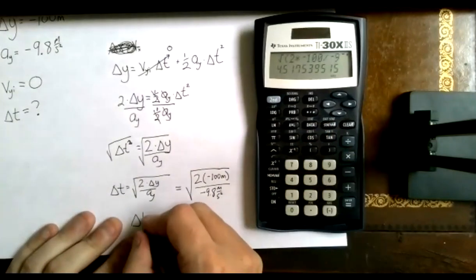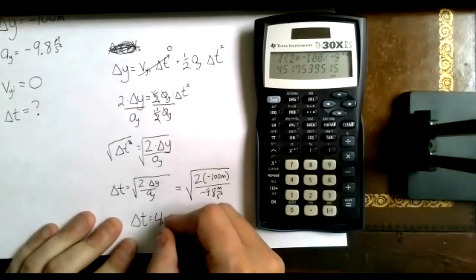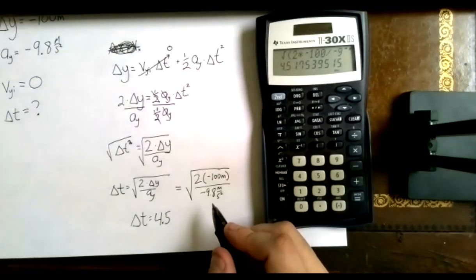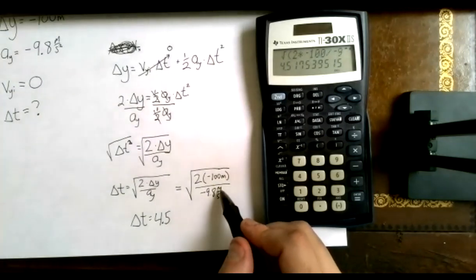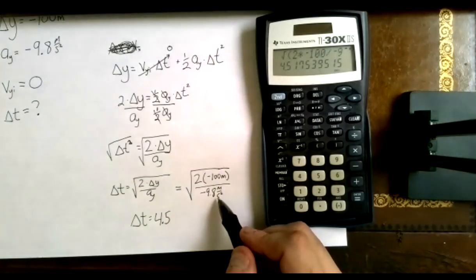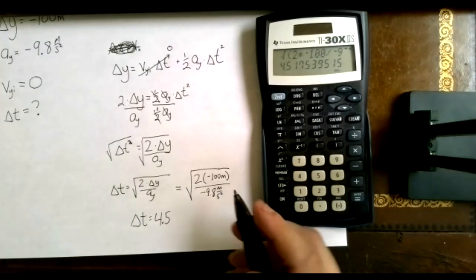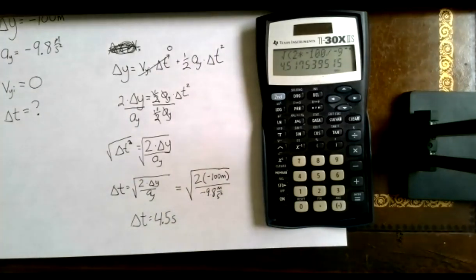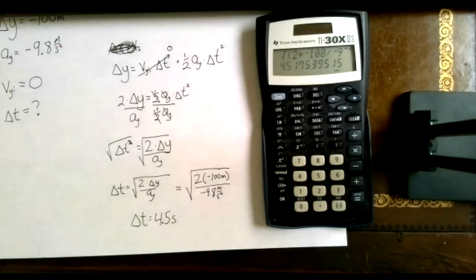So our time is 4.5, and the units, well, if I've got meters divided by meters per second squared, that's seconds squared. And if it's square rooted, then it's just seconds. So my time is 4.5 seconds. Seconds works out. That's the SI unit for time. And 4.5 seconds for dropping something from a pretty high cliff seems like the right amount of time for it to land.